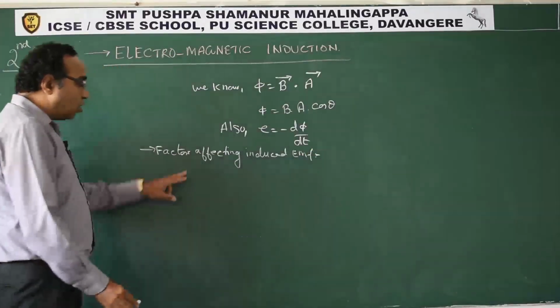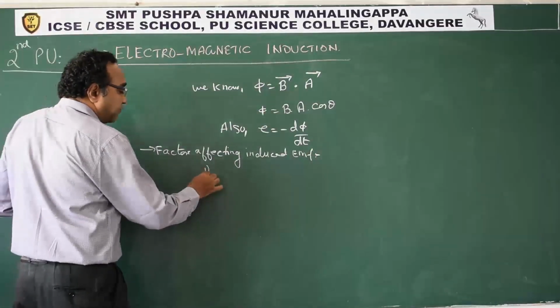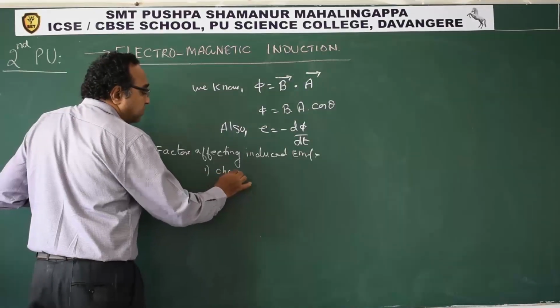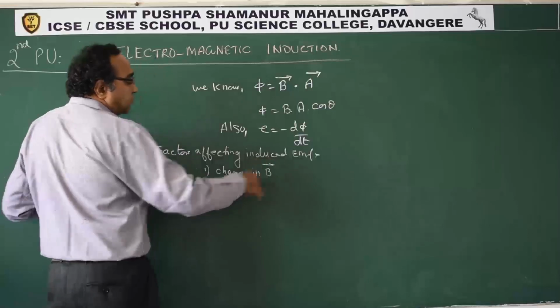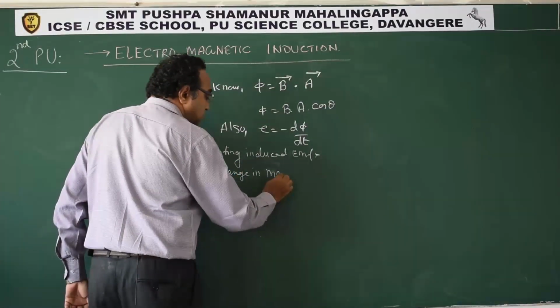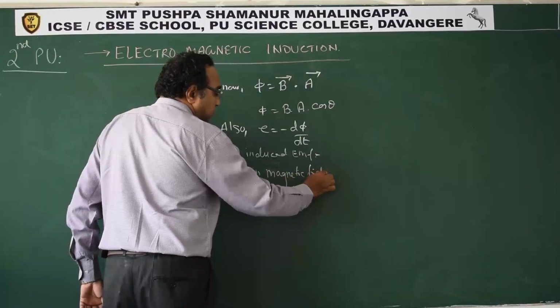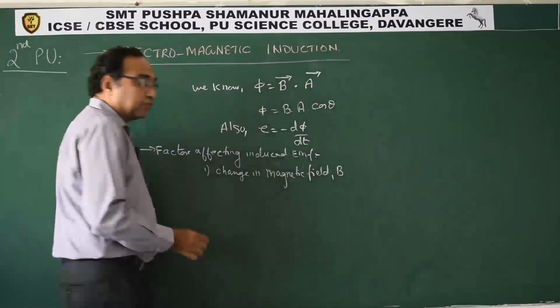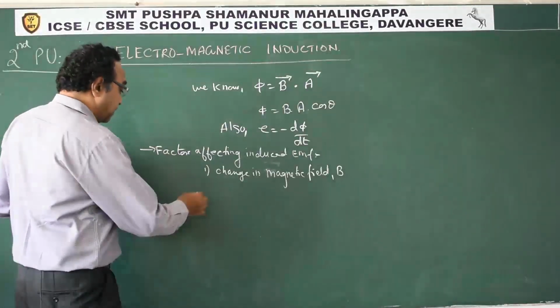So all those factors which are capable of changing flux. First is change in B. If you change magnetic field, there will be a change in flux, hence EMF will be induced.